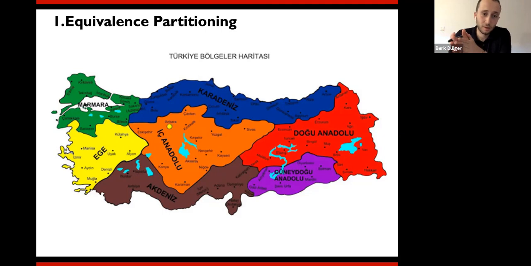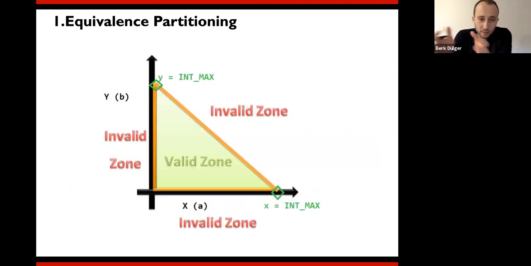So it works. And it's the same for mathematical formulas. There is a function, and inside the function there is a valid zone, and outside the function there are 3 different invalid zones. Equivalence partitioning tells us it is bad to select all the test cases from just one partition. You need to distribute them through all the partitions.